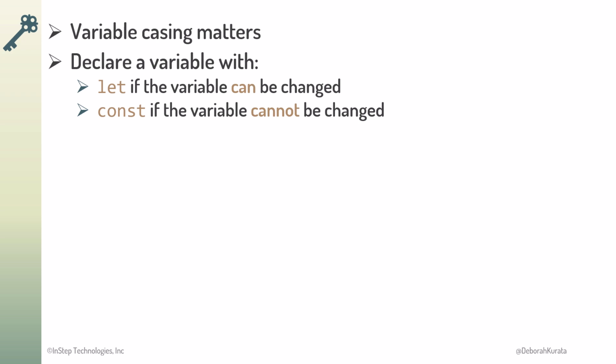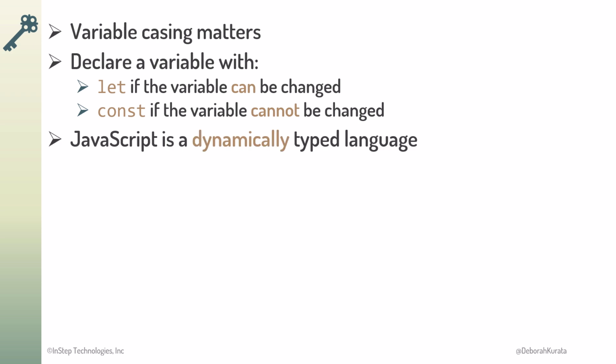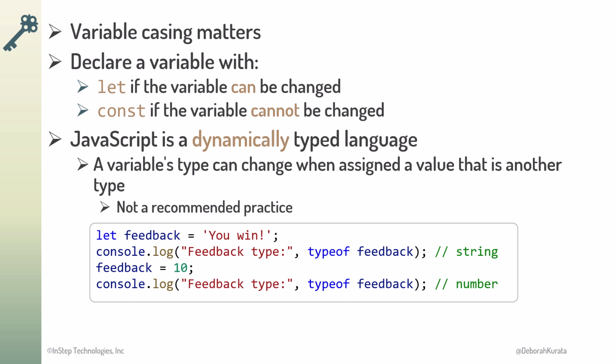Changing a variable declared with const generates an error. JavaScript is a dynamically typed language, meaning a variable type can change when assigned a value of another type. Here we initialize feedback to a string, then later assign it a number, and it changes its type. Though changing a variable's data type is not a recommended practice because it can lead to errors in the code as it's maintained over time.